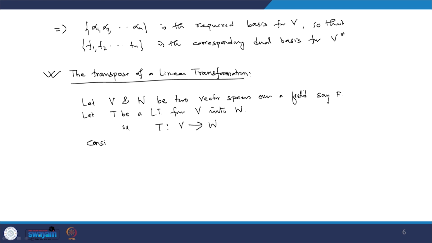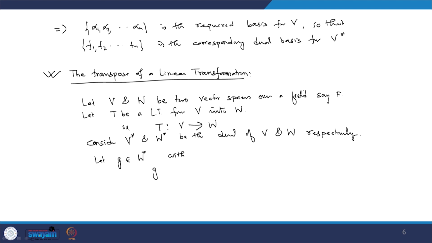Consider V star and W star, the duals of V and W respectively. Let G belong to W star, which means G is a linear function on W, with G of T of alpha equal to f of alpha.